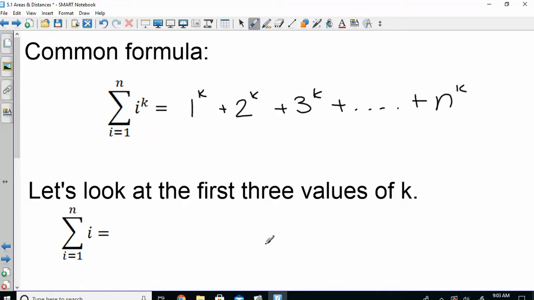Now there are formulas for a lot of these. The ones that we are going to learn and that you need to know are the first three values. So something to the first, something to the second, something to the third. These will be formulas that you are expected to know. So grab that highlighter again and highlight these three. This is what we need to know.